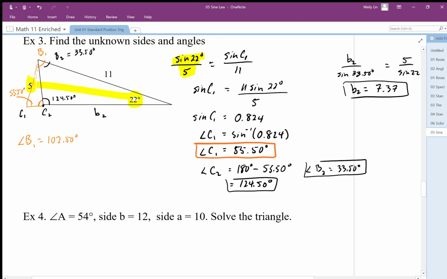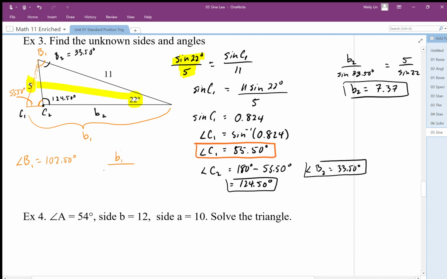So now I've got a different angle for these two. That means I'm also going to get a different side here, which I'm going to call B1. This longer length here we're going to call B1. So angle B1 is going to give rise to side B1. I'm going to write the relationships.